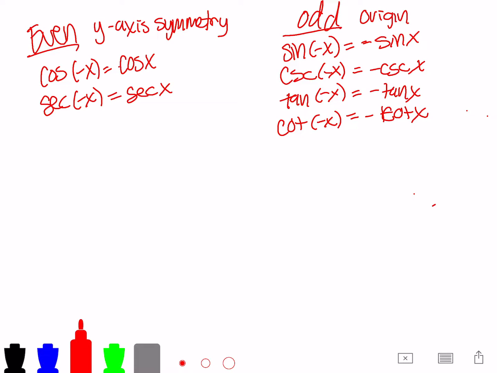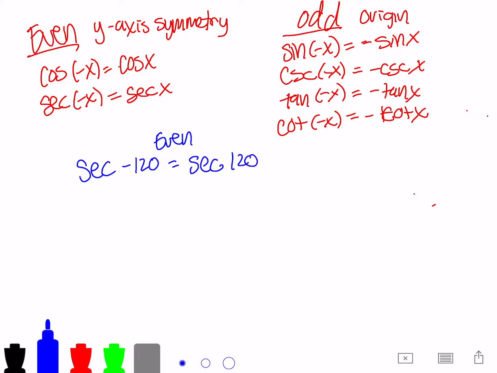So for example, if I want to use this, say we have the secant of negative 120, and I want to use my even and odd identities to solve this. Well, secant is an even function. So that means that the secant of negative 120 is really the same thing as the secant of 120. So when I do the secant of 120, that's in the second quadrant. It has a 60-degree reference angle.